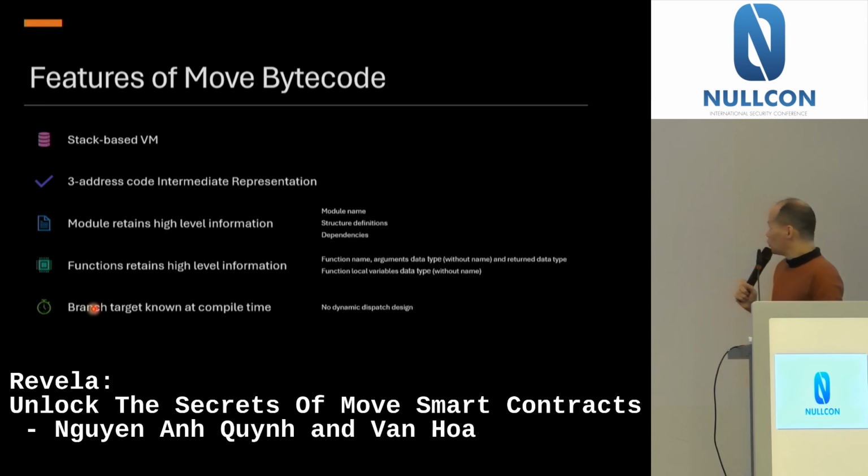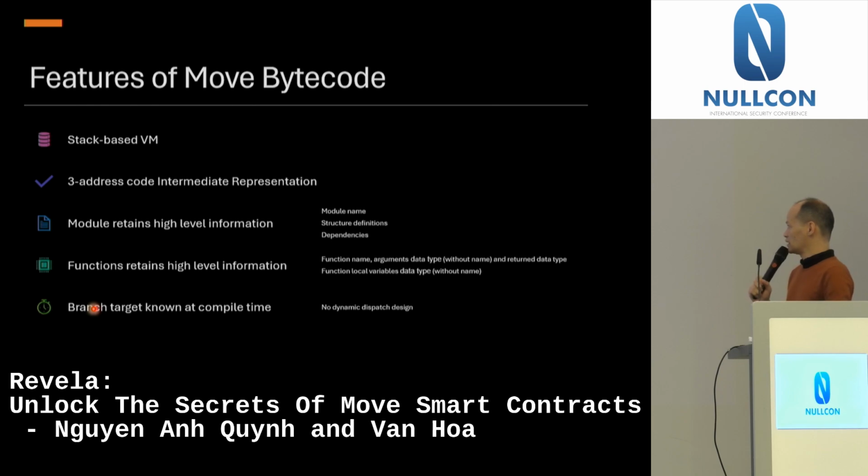And what makes Move bytecode very interesting is that it retains a lot of high-level information. For example, inside the Move bytecode, in the binary file, you can still find information like the module name, the structure definitions, and all the dependencies.